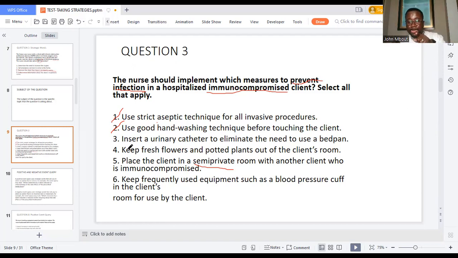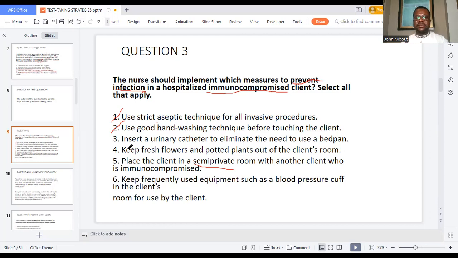More so, this client is an immunocompromised client. In this type of clients, always, by all means, avoid invasive procedures. By all means, avoid invasive procedures.